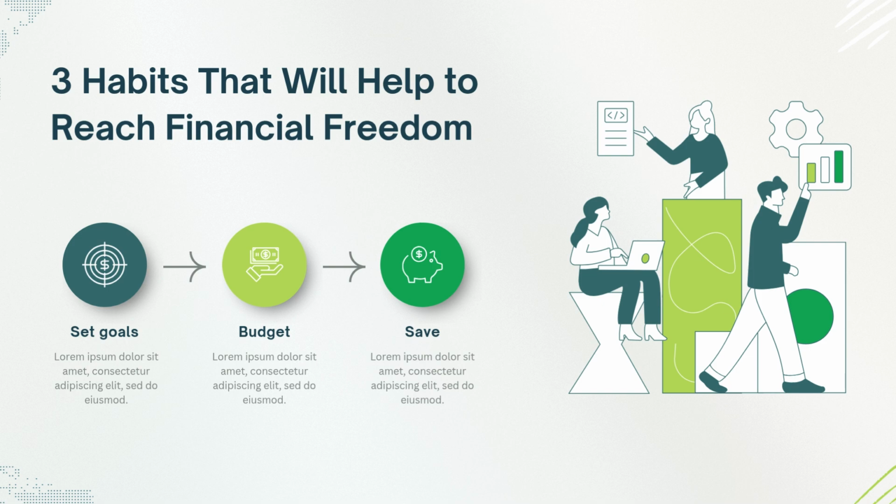The illustration on the right represents people engaging in productive habits like analyzing data, tracking growth, and planning actions, further emphasizing the practical, everyday steps toward financial success. Together, these habits form a simple yet powerful framework for anyone aiming to gain control of their finances and build long-term security.